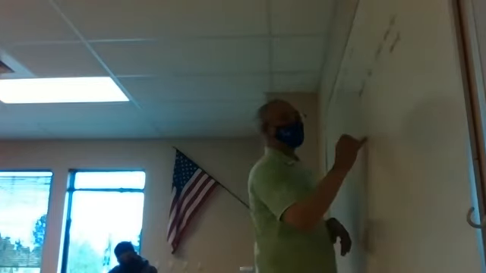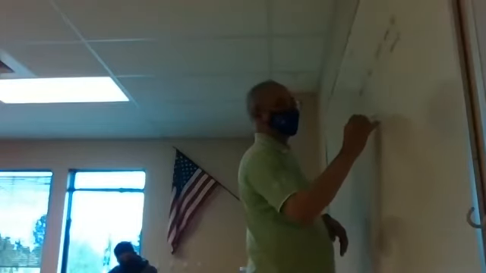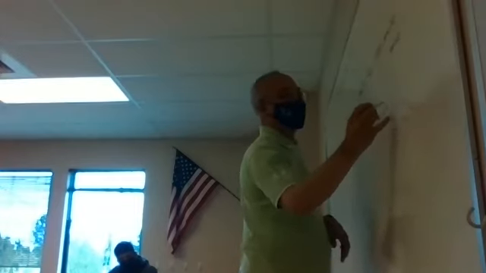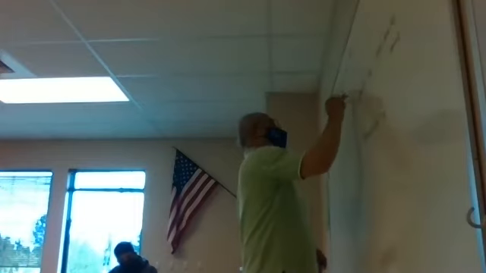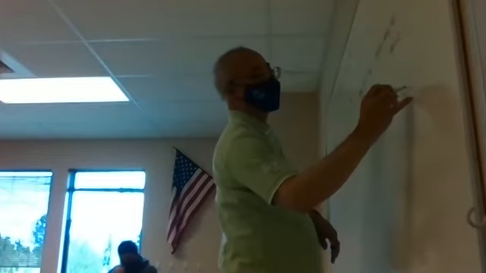In perpendicular lines, if I call the slope here M1 and this slope M2, M1 times M2 is going to be -1. When you multiply these two slopes together, they're going to be -1.